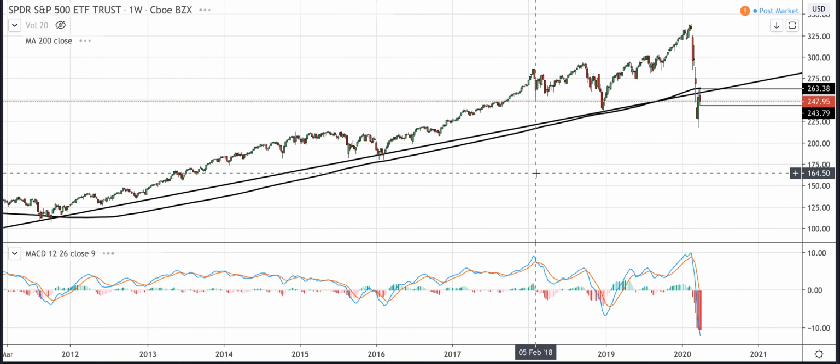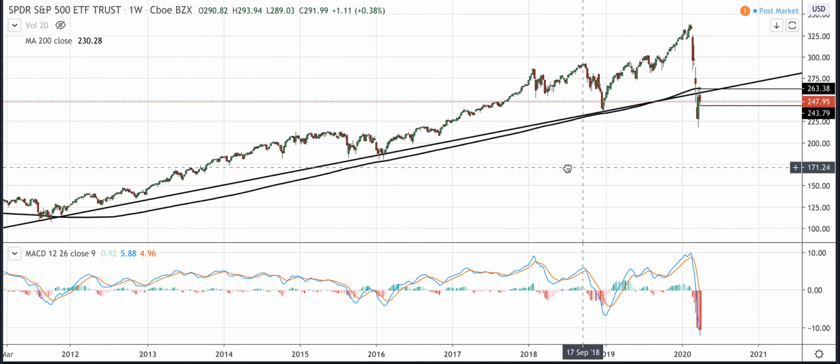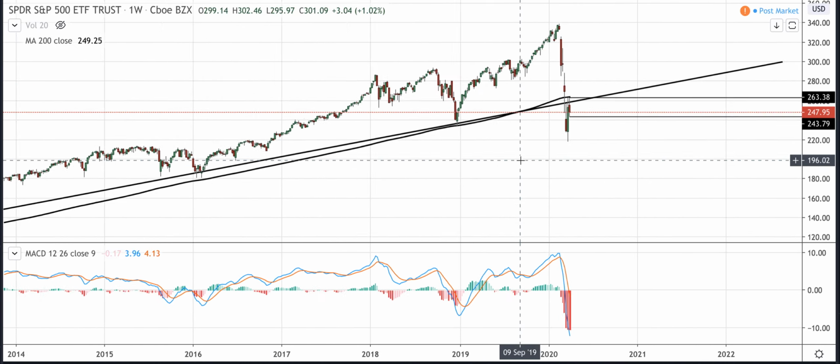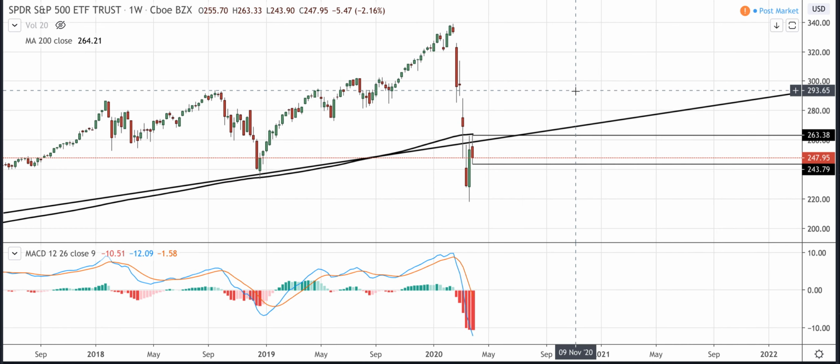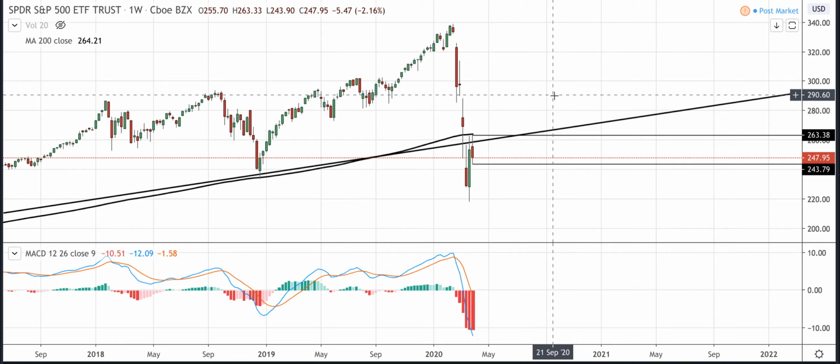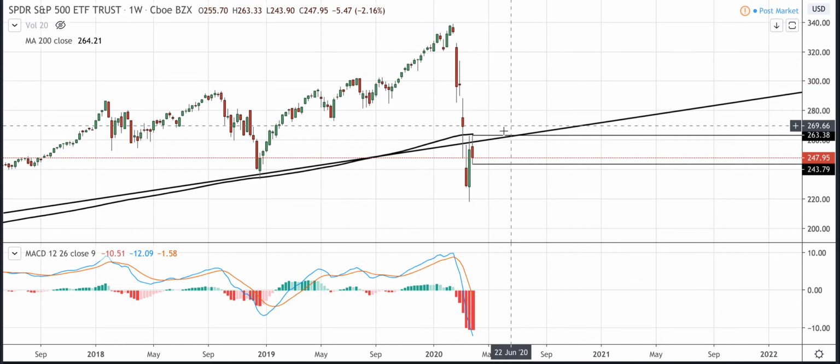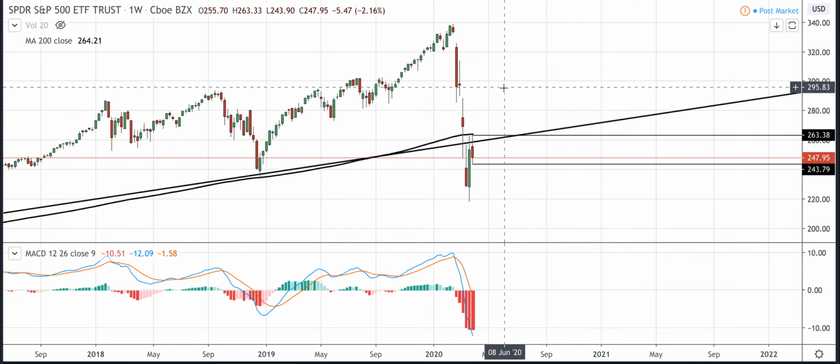This is a very, very important moving average, especially on a weekly time frame. Those of you that are trend followers or know anything about investing know that the 200 SMA, the simple moving average, is a very, very important moving average. And for the third week in a row, we are now closing below that 200-week moving average.